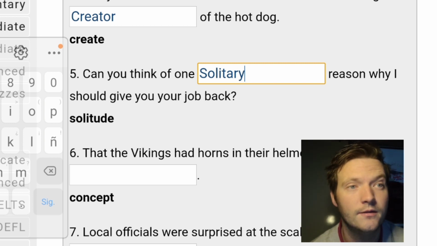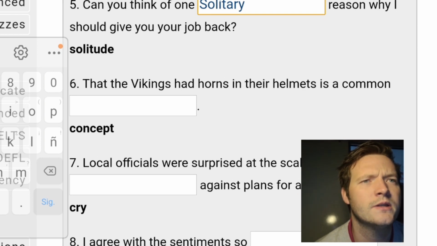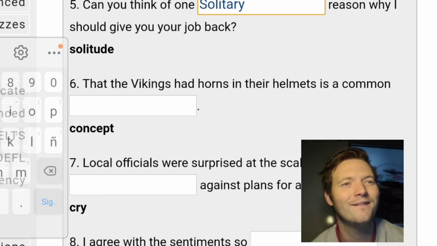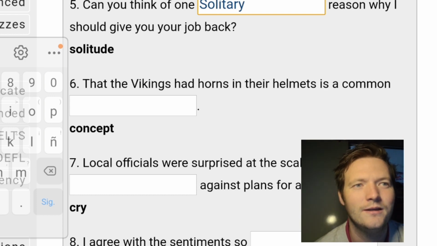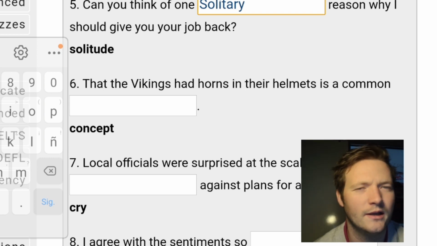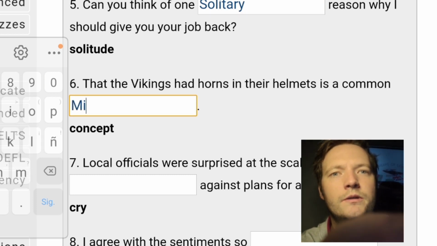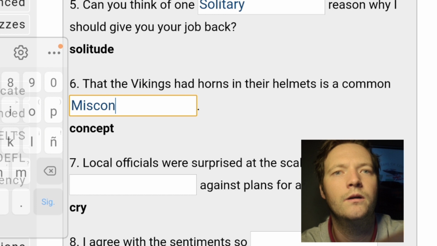I can't think of any. Number 6, that the Vikings had horns in their helmets is a common misconception. It's not a concept. It's something that people believe. It's a myth. It's not true. They didn't have horns in their helmets. How crazy is that? It's a common misconception.